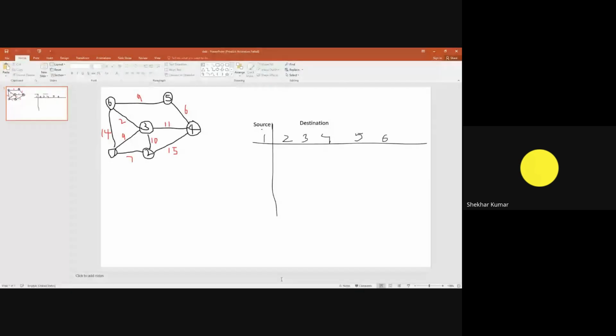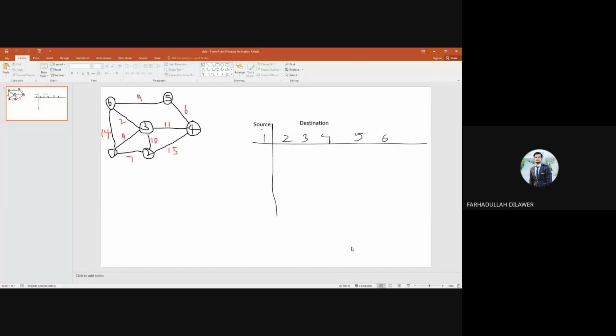I think not visible. Okay. No, no, sir. Trying to connect. I think now it is visible. Is it visible?